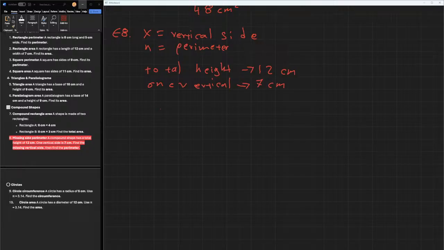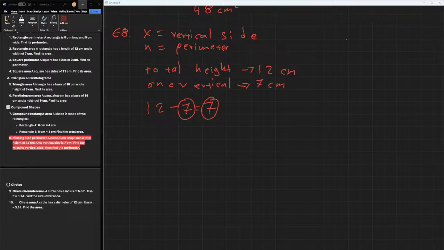Okay, let's try this. Wait, it says total height.